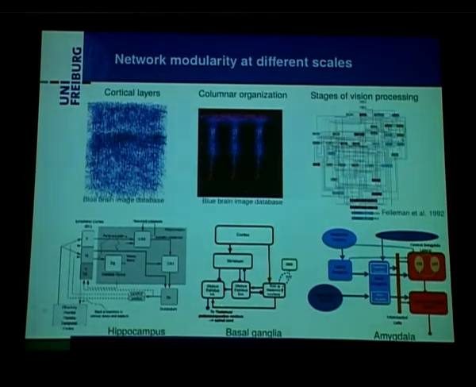Then basal ganglia is a very nice example of yet another kind of network, and so is amygdala, cerebellum, and so on. So to me, a motif that stands out about brain is that no matter at what scale you look at it, you will find networks of networks interacting with each other.